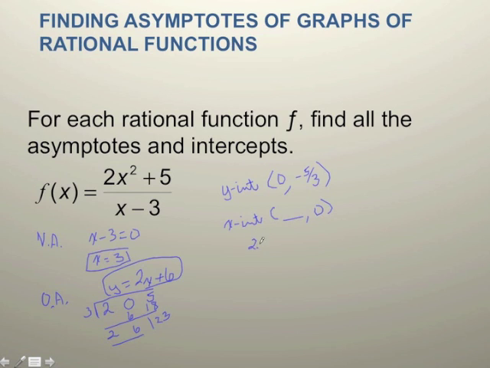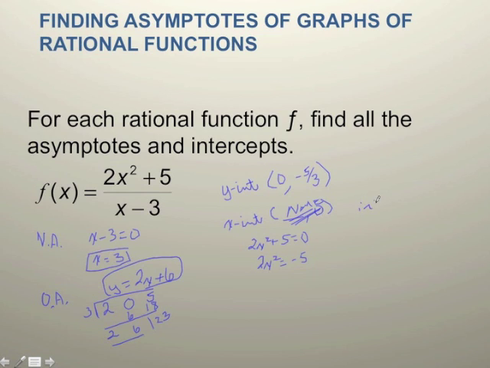So I have 2x squared plus 5 equals 0. 2x squared equals negative 5. Oh, I'm going to end up with an i. So there's none for the x-intercept.